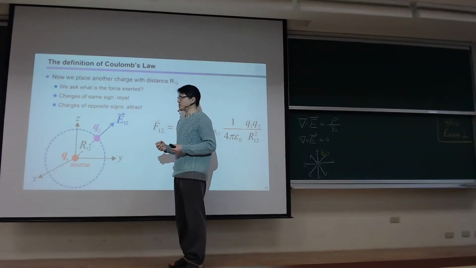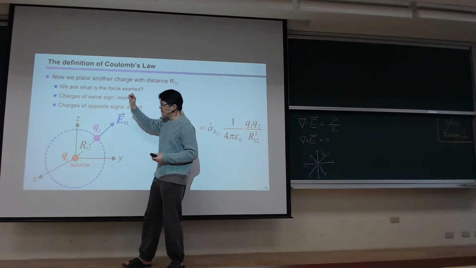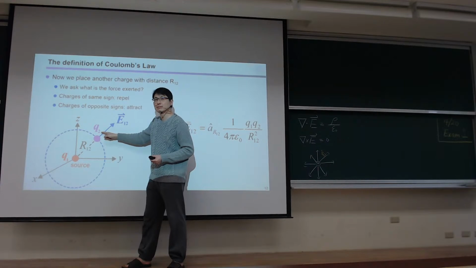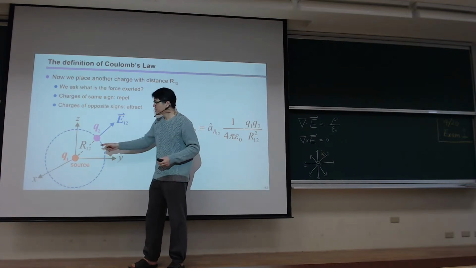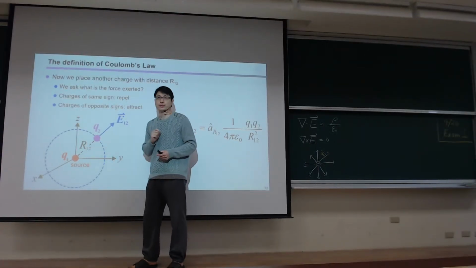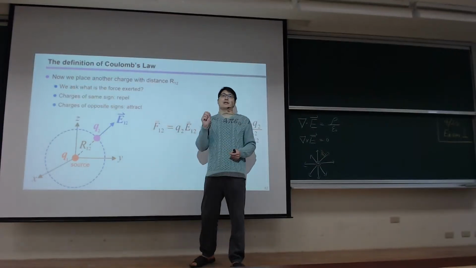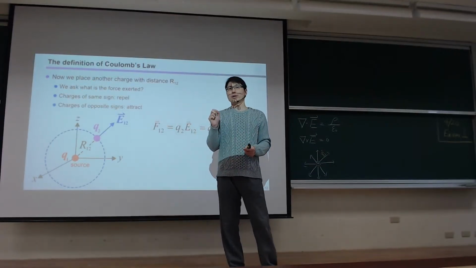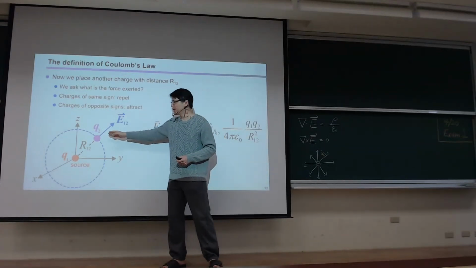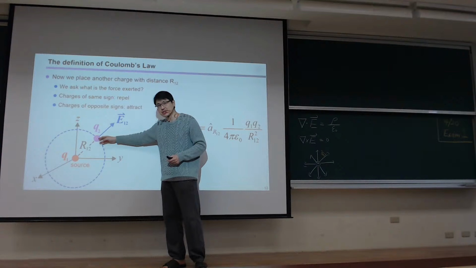So he was asking the question, what happens if I bring a second charged particle, having charge Q2, and I allow it to sit somewhere, right? So the distance between the two charges is R12. In this case, what will be the resulting force experienced by the second charge?